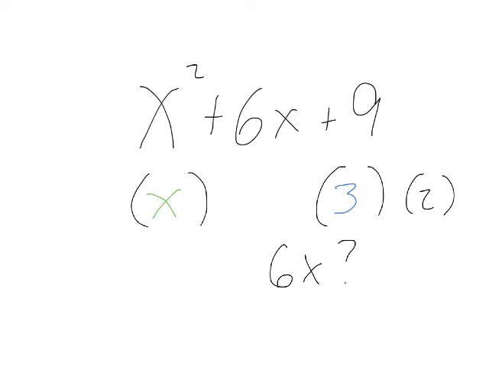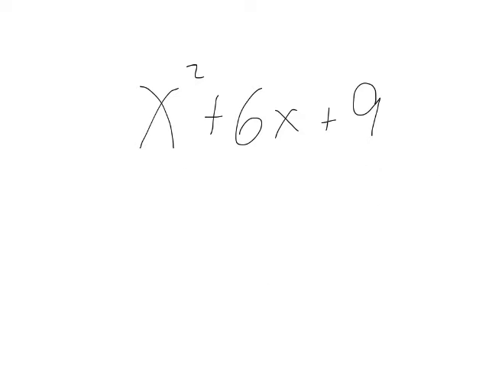So that tells me that this is a perfect square trinomial because the first one is a perfect square, the second term is 2 times a times b, and the third one is a perfect square. I can automatically factor this very simply as (x plus 3) quantity squared.